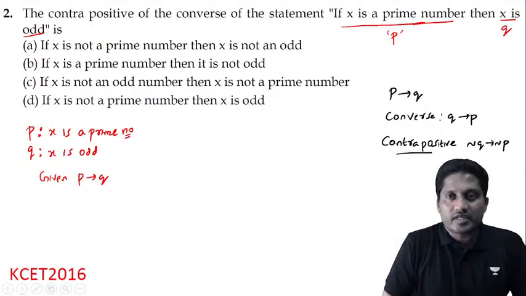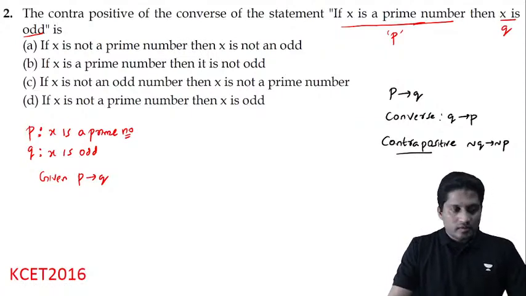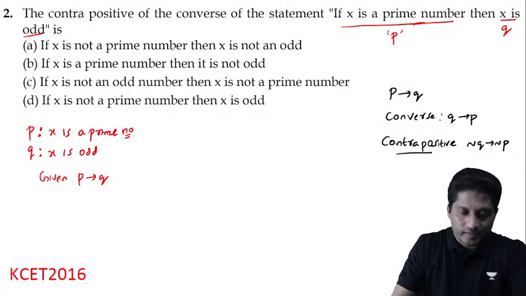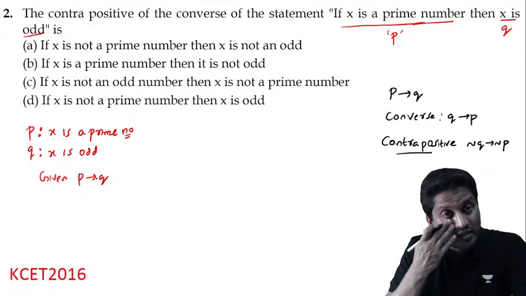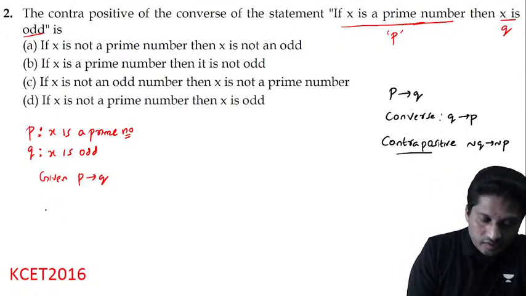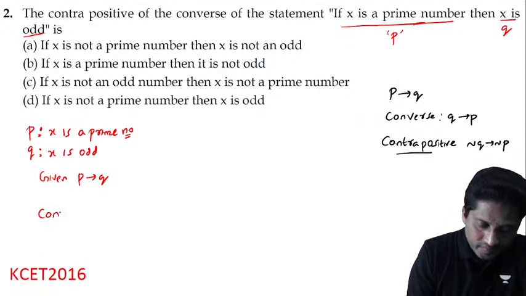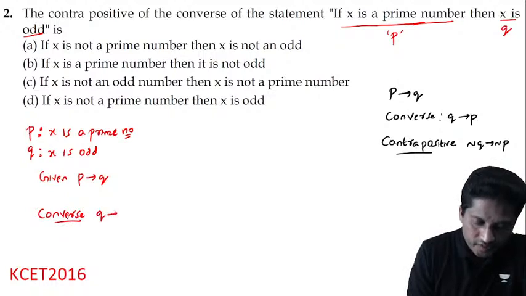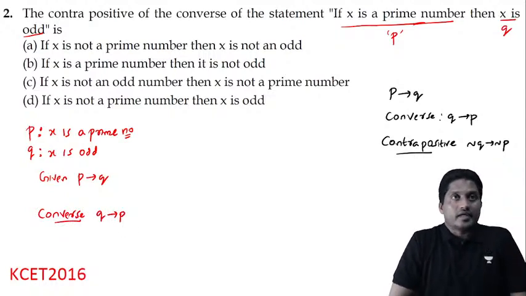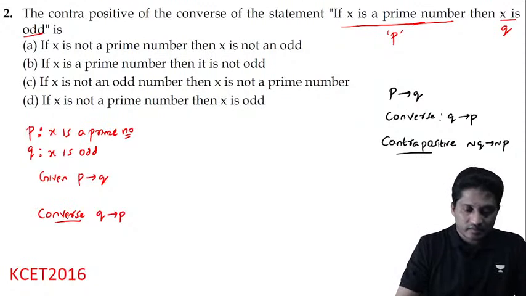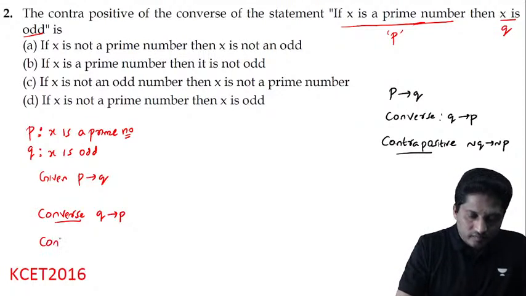If I use this logic, now I'm supposed to find the contrapositive of the converse. So p implies q means what will be the converse? Q implies p, right? And contrapositive of this will be negation p implies negation q.